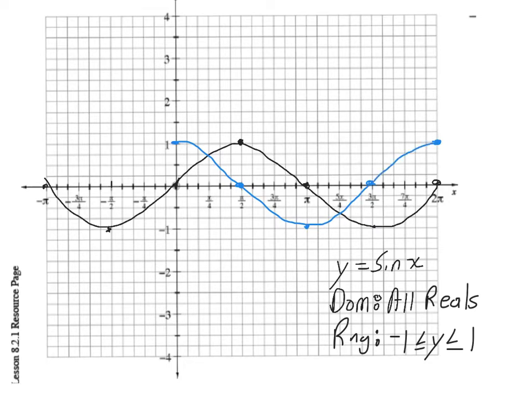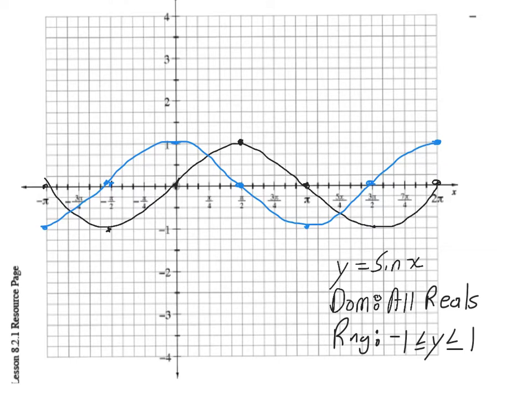If we went into our negative x values, the cosine of negative pi over 2 is 0. The cosine of negative pi is -1. So that's what our cosine graph looks like.